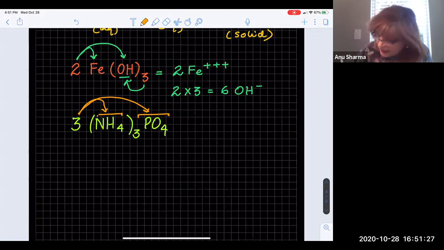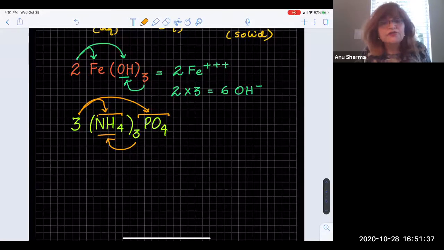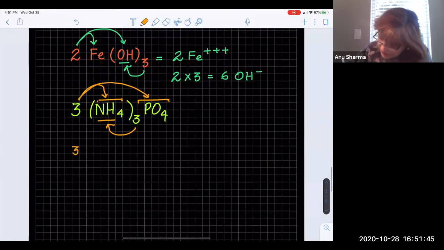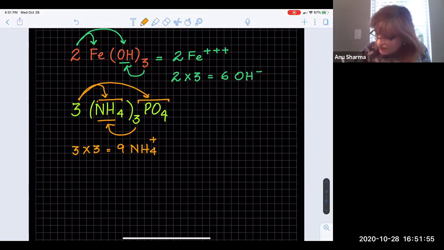So how many ammoniums are there? This 3 also factors in. And there's only 1 phosphate. For that 1, we do not put it in brackets and we don't write it down. But here you have 3 times 3 ammoniums, so 9 ammoniums are present here, and the charge is +1. And you have 3 times 1, that is 3 phosphates present here, and the charge is -3.